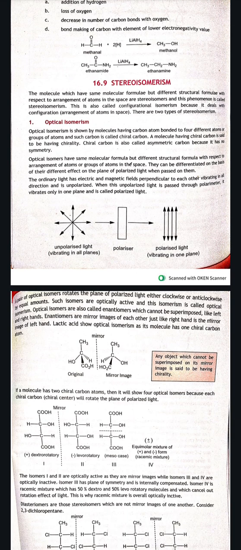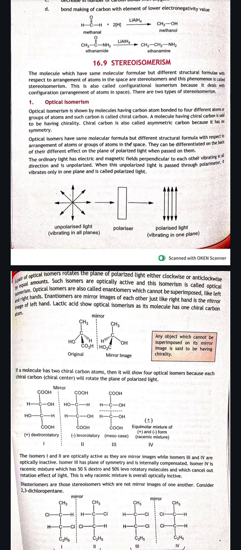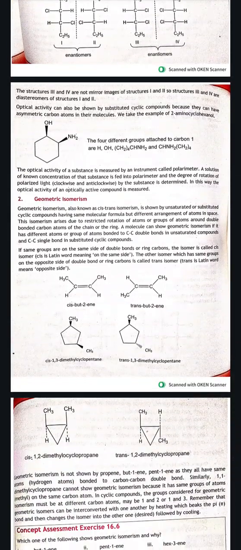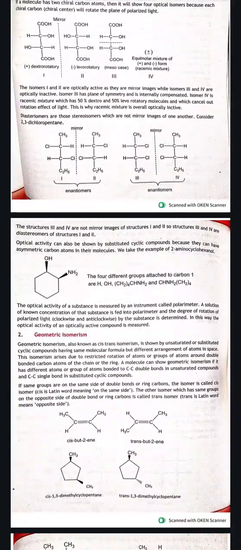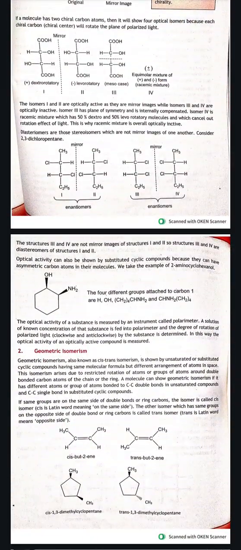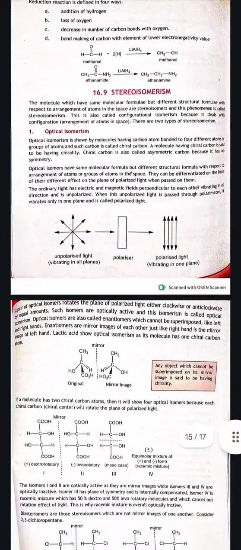Stereoisomerism is basically molecules which have the same molecular formula but different structural formula with respect to the arrangement. So with respect to the stereochemistry, this phenomenon is stereoisomerism. This is also called configurational isomerism because it deals with configuration. We have different types of stereoisomerism, but we are going to study here optical isomerism and geometric isomerism.